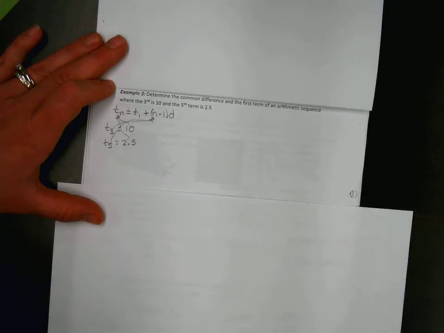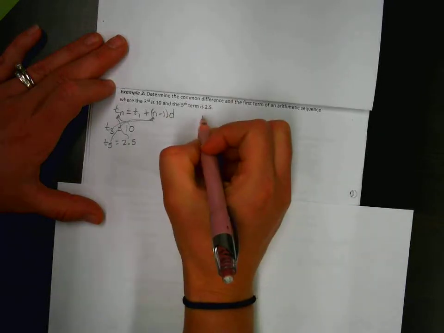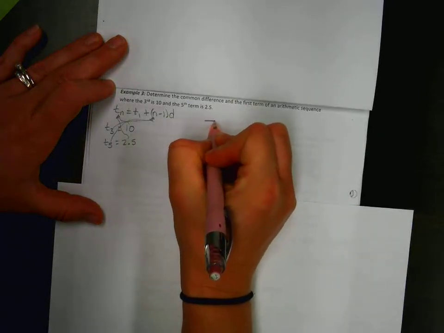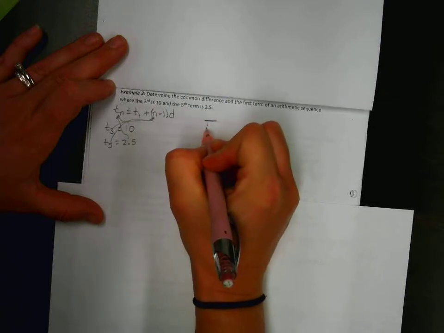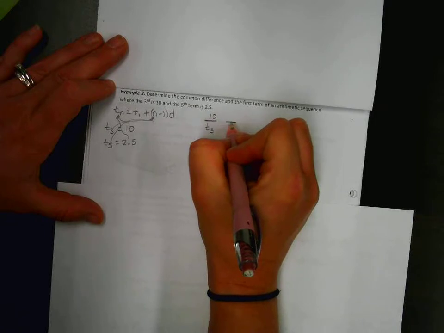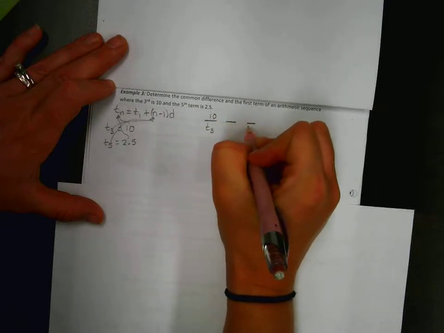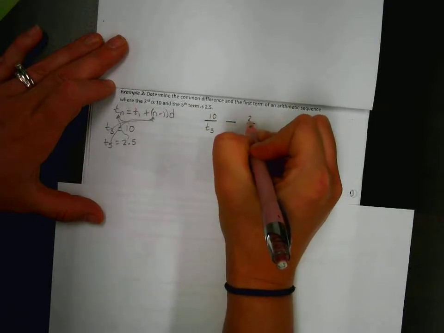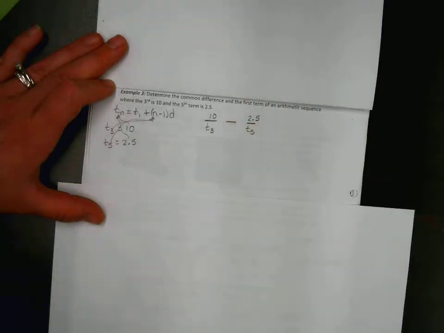So what I'm going to do is draw out spaces for my sequence. I'm going to say this is my third term, which is 10, and then I have my fourth term, and then I have my fifth term, which is 2.5. From this we can now figure out our common difference.